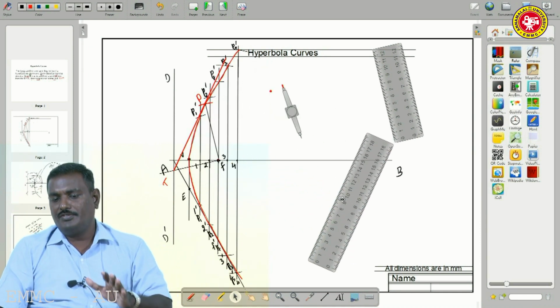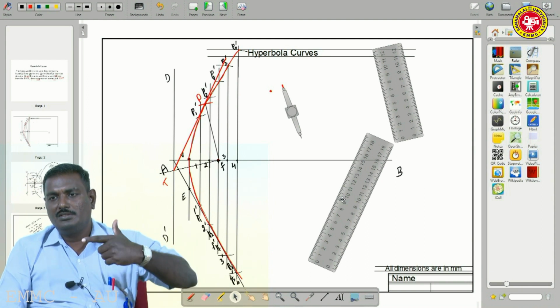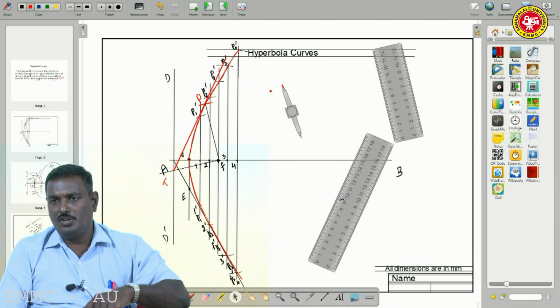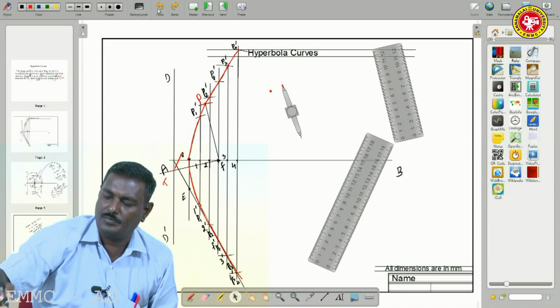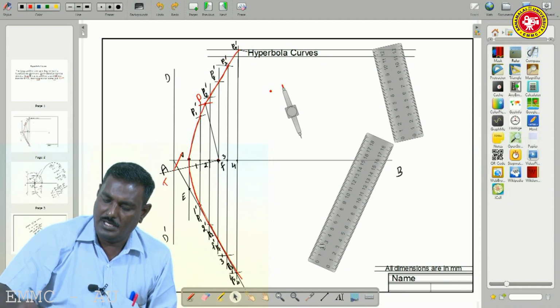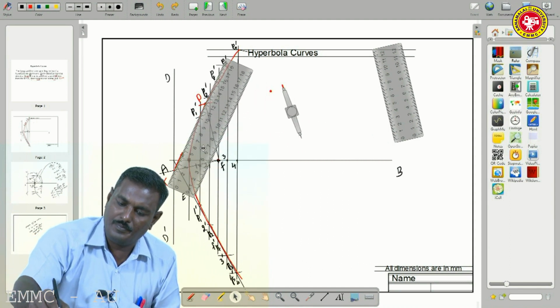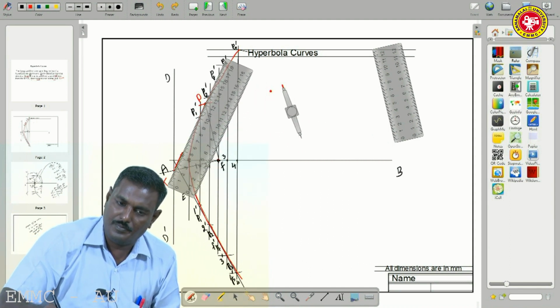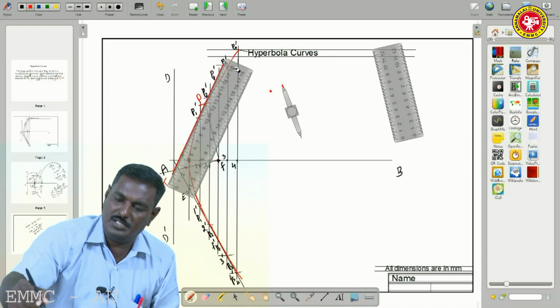Again I tell you, after drawing this tangent, the other scale of the mini drafter is perpendicular. By using that scale only, we have to draw this. Again I bring the scale there. This is the tangent.